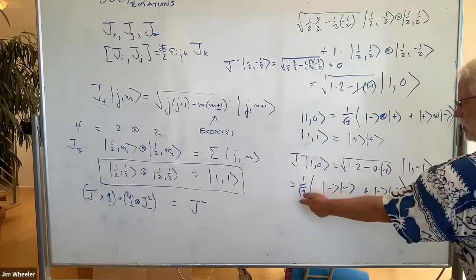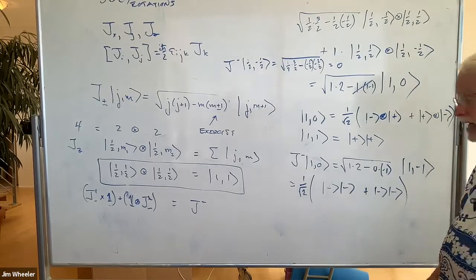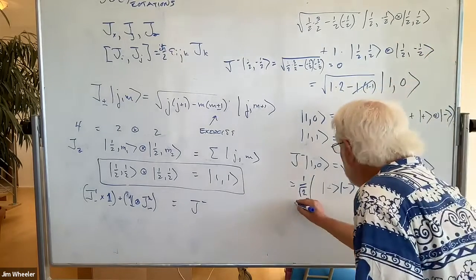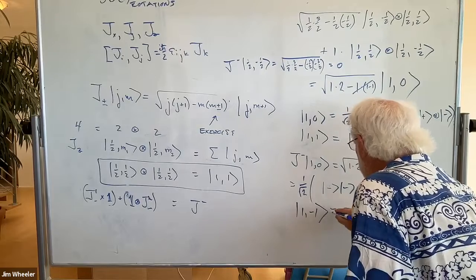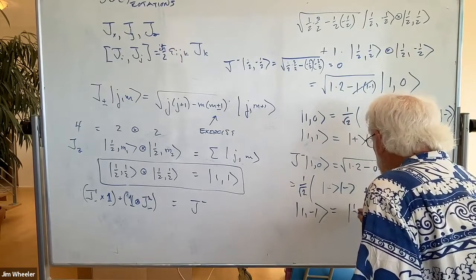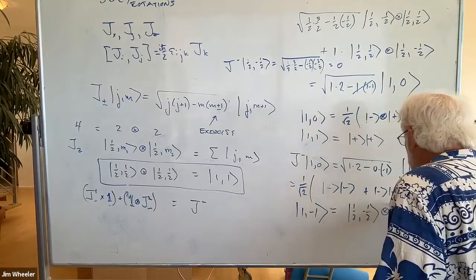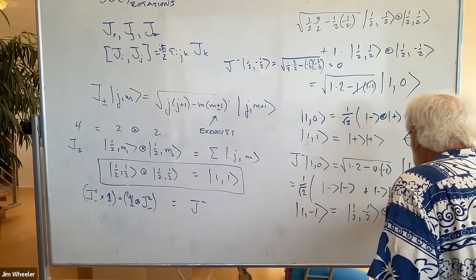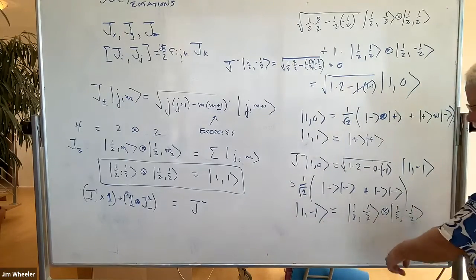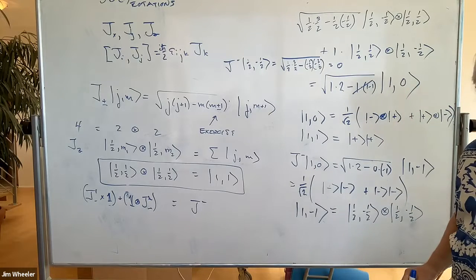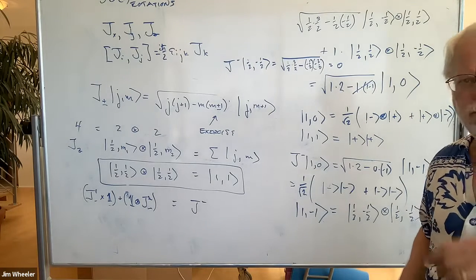And that's 2 over the square root of 2, which is the square root of 2. We get a square root of 2 here. It cancels, and we see that 1 minus 1 is equal to 1/2 minus a half cross 1/2 minus a half. We could have guessed that, right? When they're both down, it's the same as both being up, really. They've got to combine. There's only one possibility.